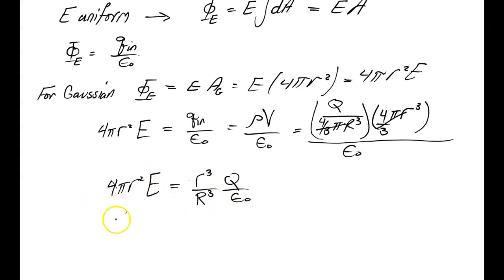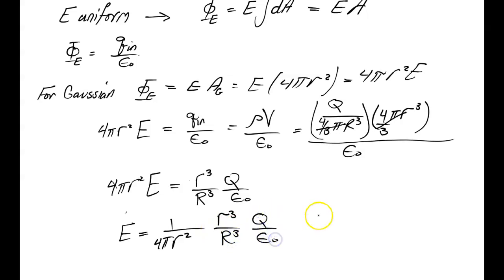So now we can say that E by itself is 1 over 4 pi r squared times r cubed over big R cubed times Q over epsilon naught.